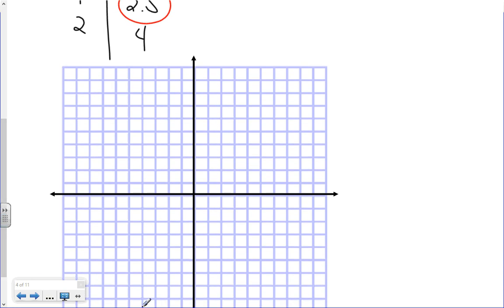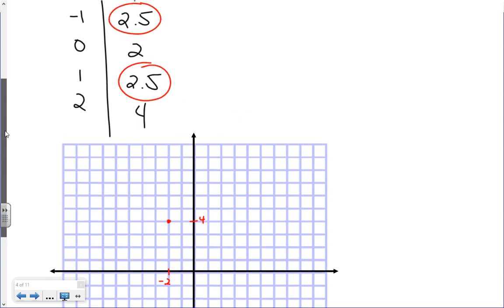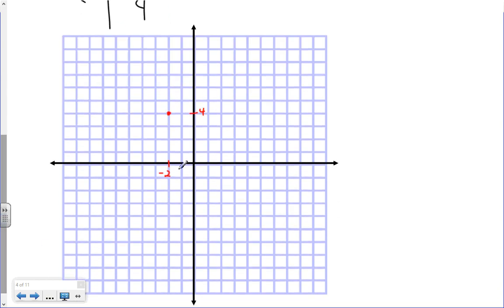If I plot that first point at -2, and then go up to 4, that'll be right there. So this is at 4. This is at -2. And then -1 is at 2.5. So -1 is up at 2.5. So that's going to be right here.